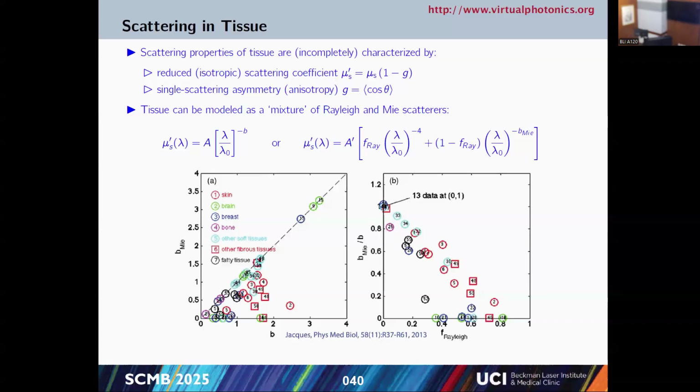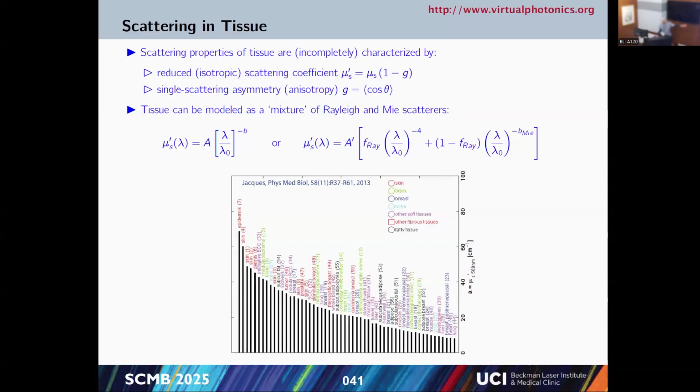So look at this paper by Jacques, which is in your references. It tells you the tissues where you really need to consider the Rayleigh scatterers in order to get a good representation of the spectral dependence of scattering in those tissues. And then you've got tissues of different types in terms of this A value.